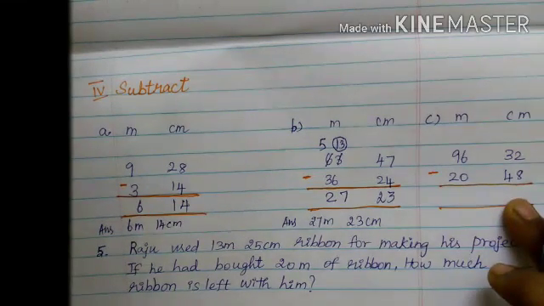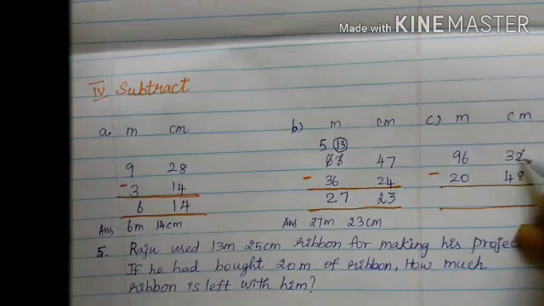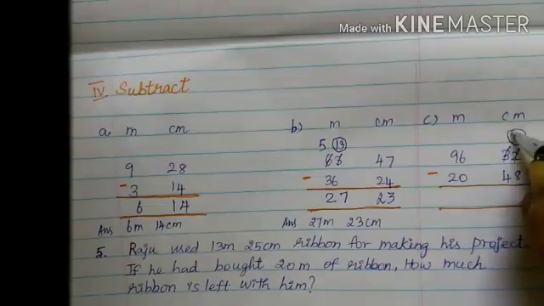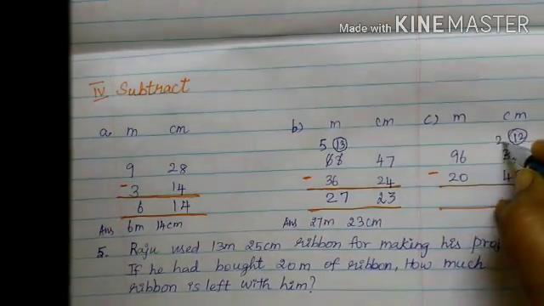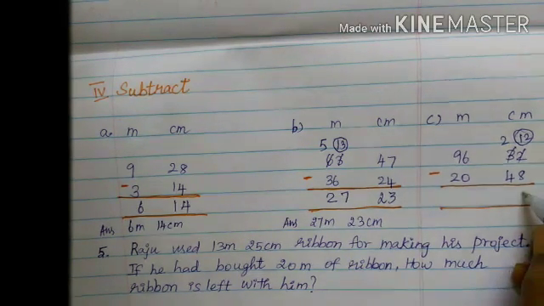Do that last sum. Here 2 subtract 8 is not possible. So here borrowing. First one, 12. Then 3 becomes 2. So 12 subtract 8 is 4.